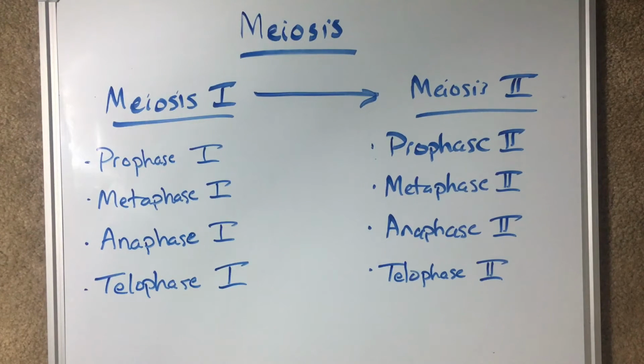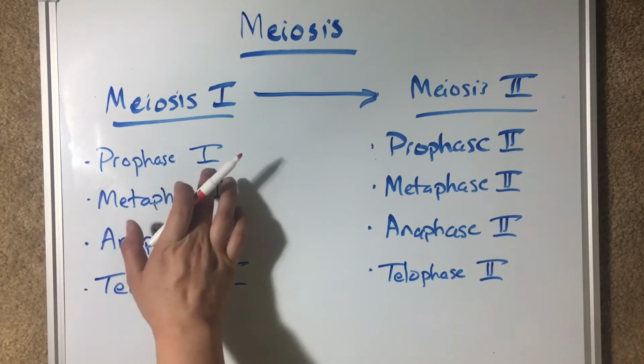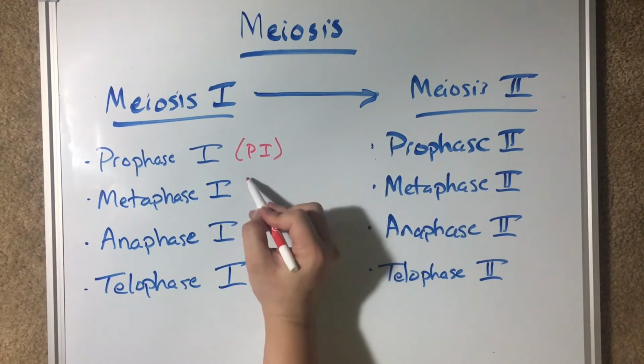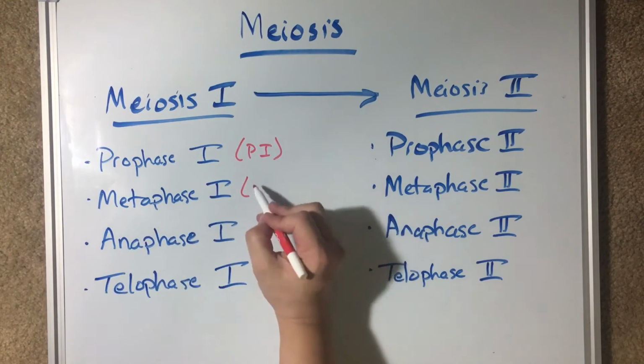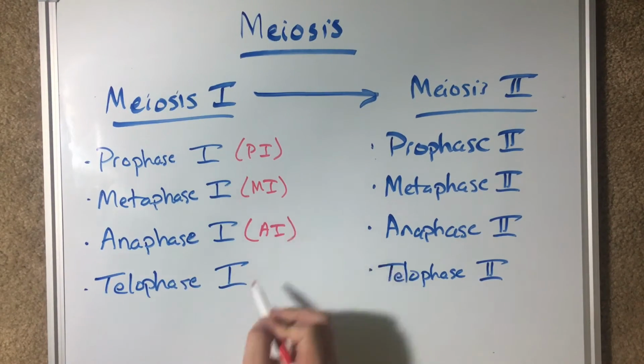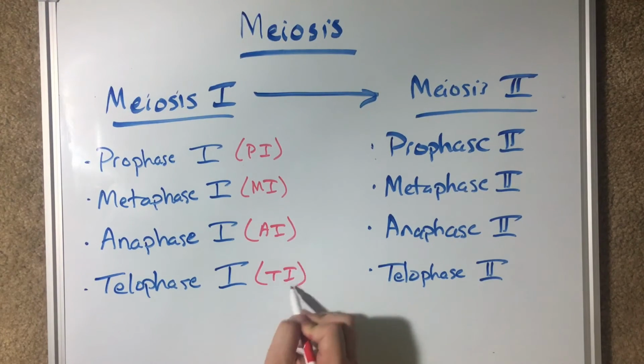Okay, I have a small board, and I need to draw 8 of these different diagrams in this tiny little board. So we're going to have to do some abbreviations here. So just bear with me. When we talk about prophase 1, I'm going to label that as P1. Metaphase 1, M1, A1, and T1.